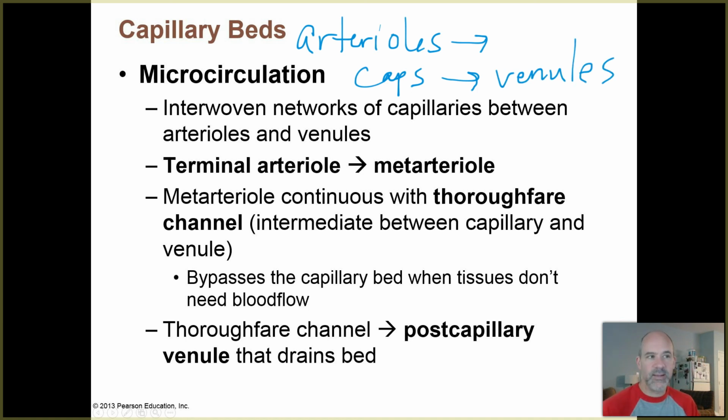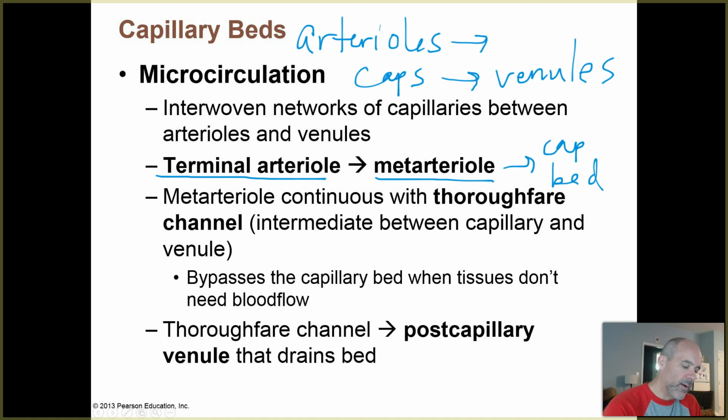But really, capillaries exist in beds or networks, almost like a netting where you have a whole bunch of them networked with each other to supply blood to particular tissue areas. The arteriole that leads to a capillary bed can be called, there's a terminal arteriole that then connects into a metarteriole, and then the metarteriole leads to the capillary bed.